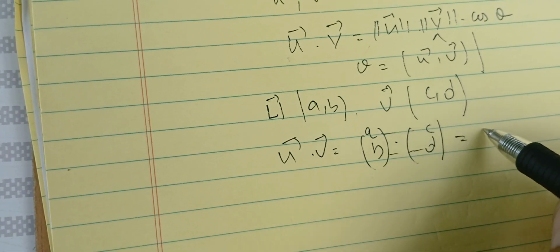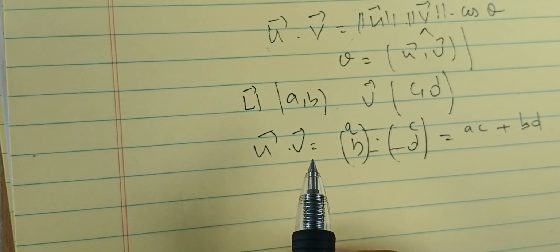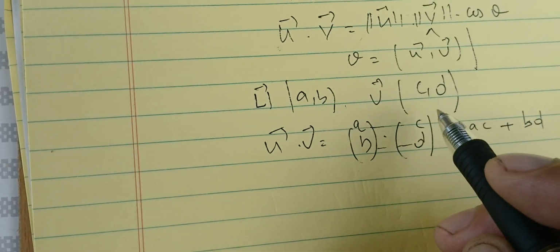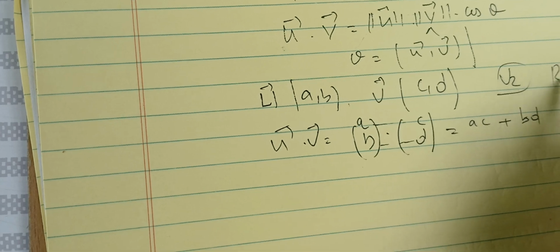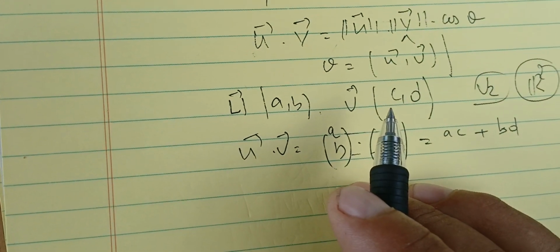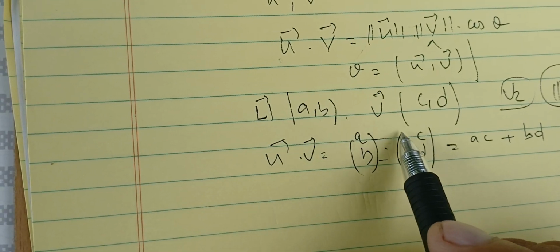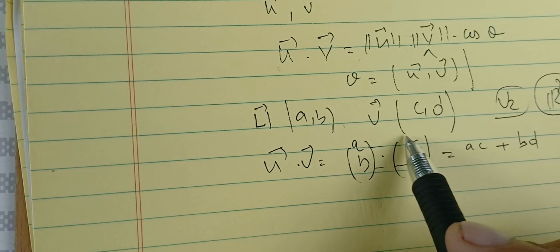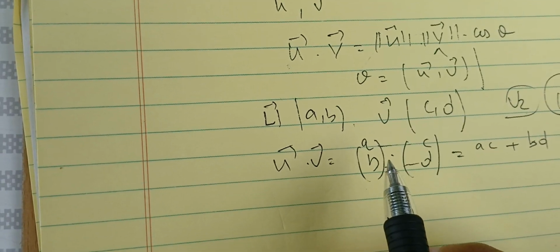We're going to have ac plus bd. This is for the case when the vectors are in V2, the set of vectors in R squared. So we multiply the x components and the y components, and we add them.